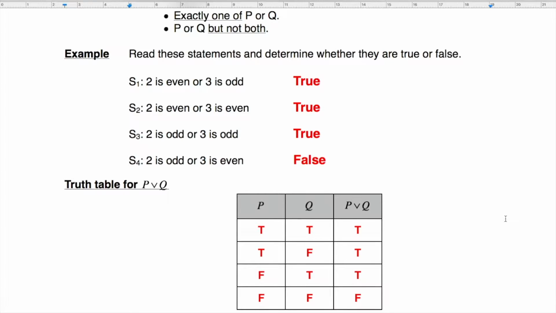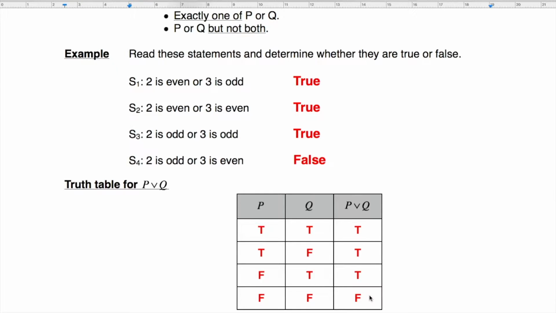We can summarize that in a truth table, just like we did earlier for P and Q, but this time it changes the third column. So the first and second column should always be written exactly in this fashion. You should never mix around. It's always P is true, true, false, false, Q is true, false, true, false, and you should not switch rows. The consequence of doing that is we can always be confident that the column for P or Q is always going to look exactly like this.